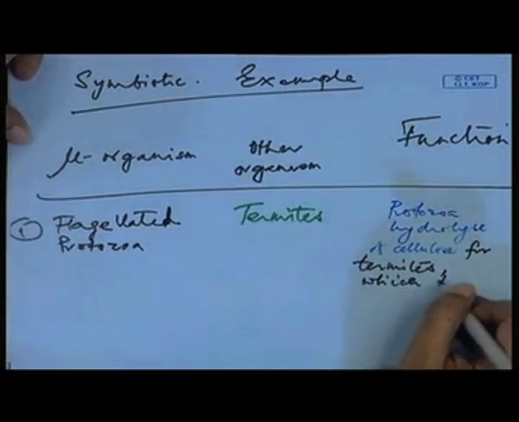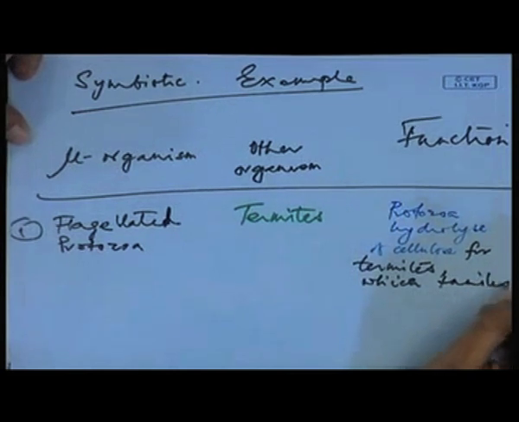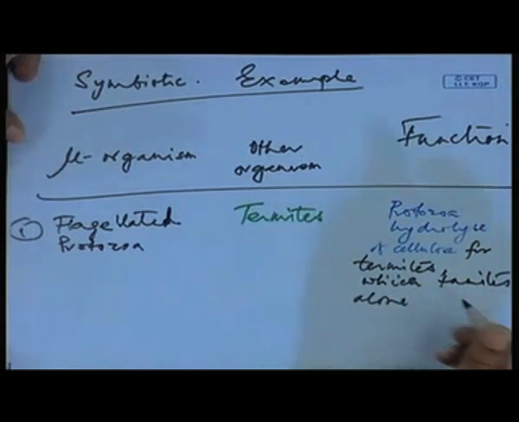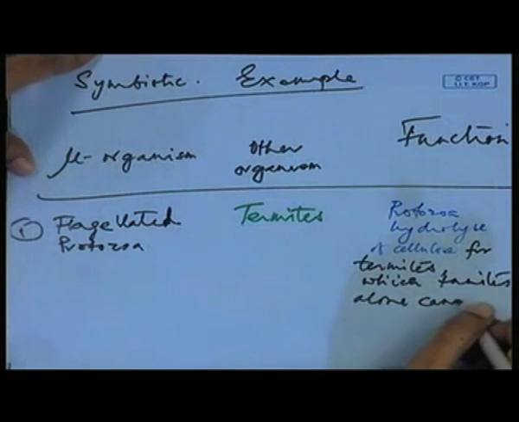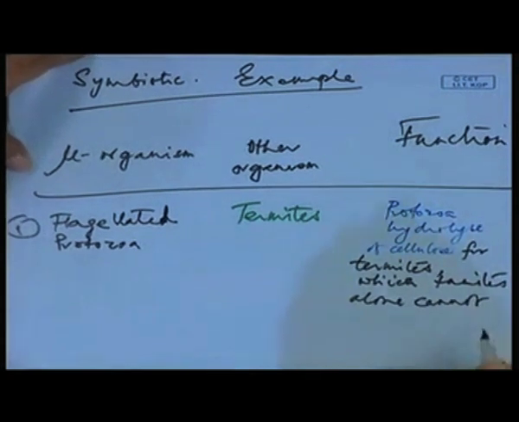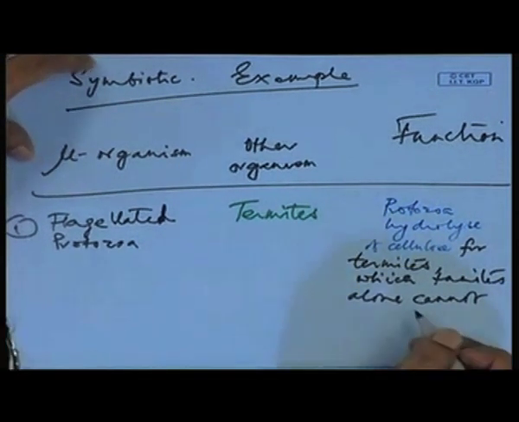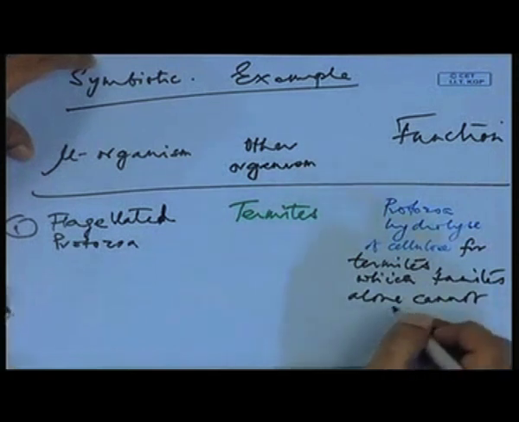Okay. So, they cannot digest these cellulose molecules, and so the protozoa helps them by hydrolyzing it into glucose.